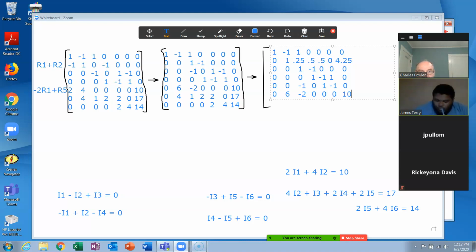Is that right? Yes, sir. All right, thank you. And then we're leaving row 7 alone. Just write it down again. 0, blank, blank, blank, 0, blank, blank, blank, 0, blank, blank, blank, 0, blank, blank, 2, blank, blank, 4, blank, blank, 14. It's kind of ugly, but we can live with it.